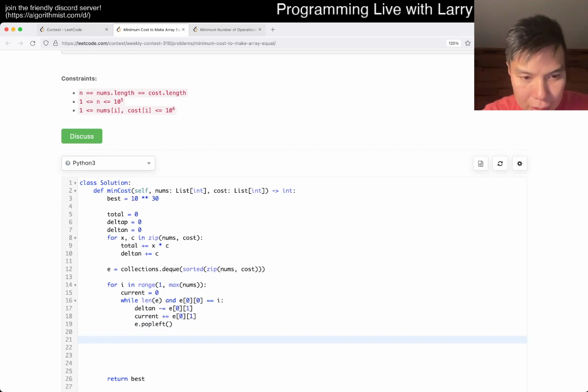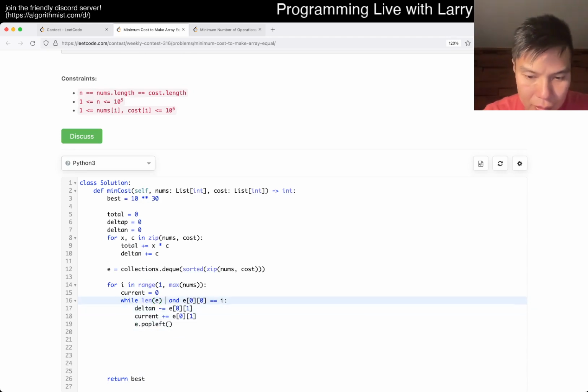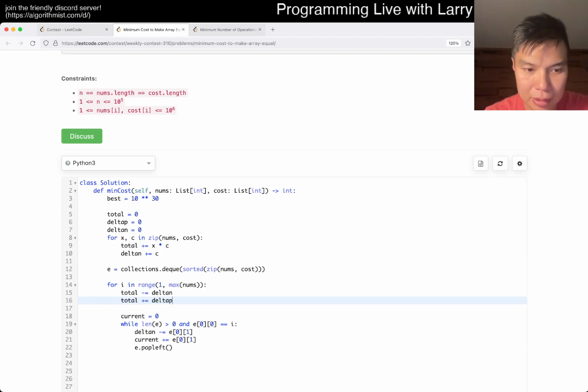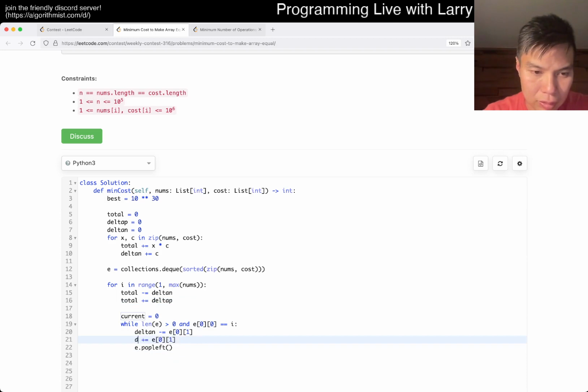Okay, right, and then now we subtract the delta n. No, this still happens first, so then the total minus delta n for going one closer to them, and then total adds delta p, and then now maybe this, because now we move one closer.